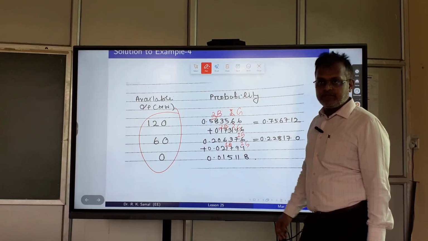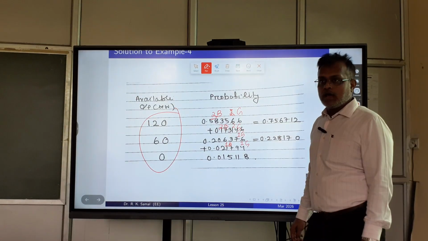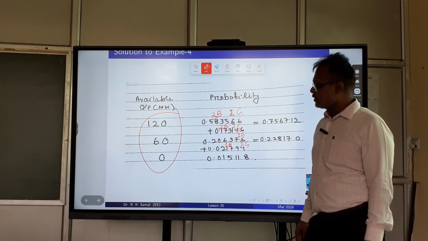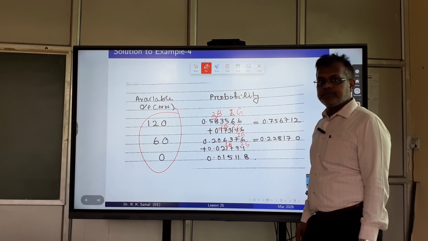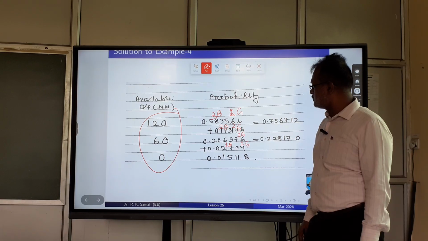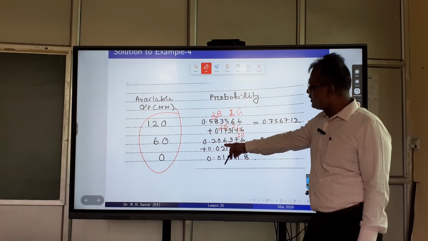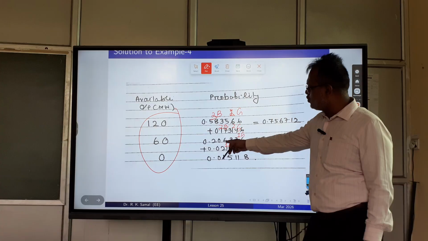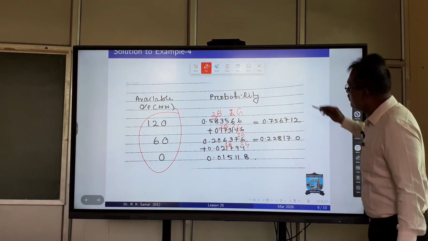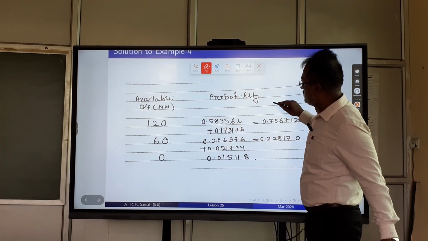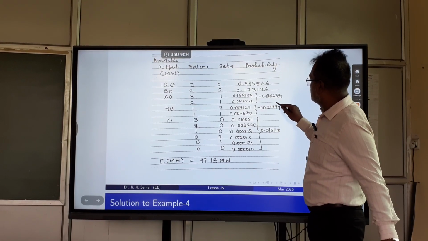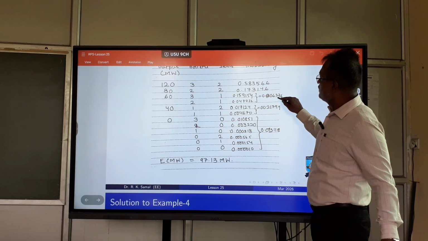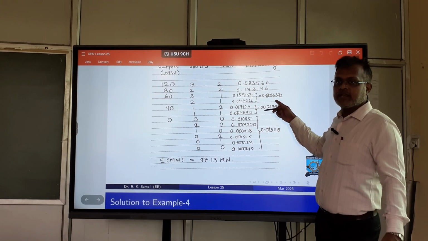But for the boiler case, either 3 boilers, 2 boilers, or 1 boiler. This case, 0.206 and 0.376, will you get from there? Here, this case. See, from here it is directly taken.